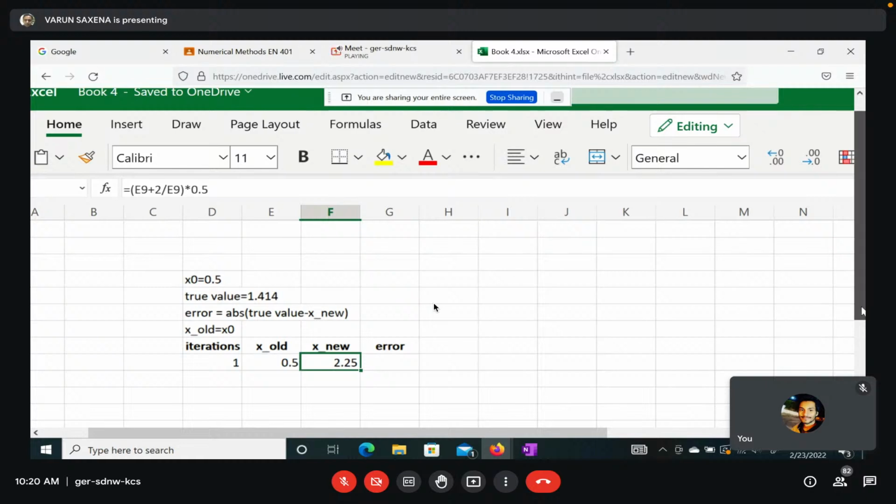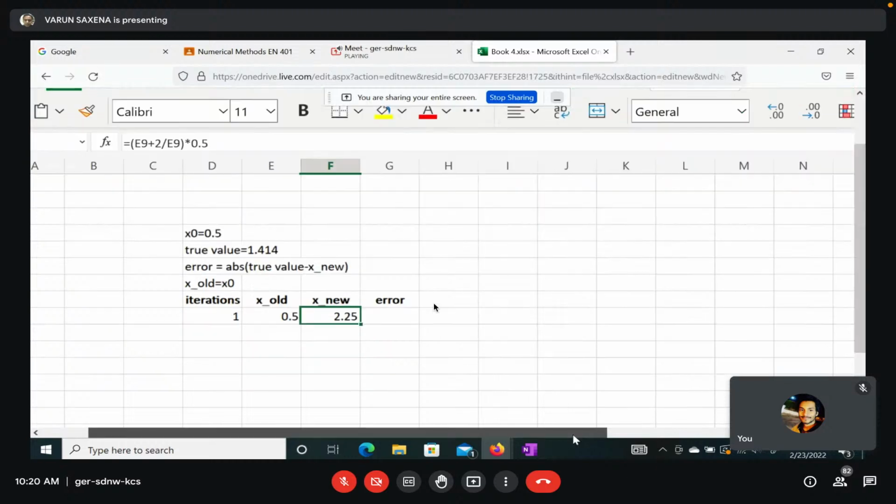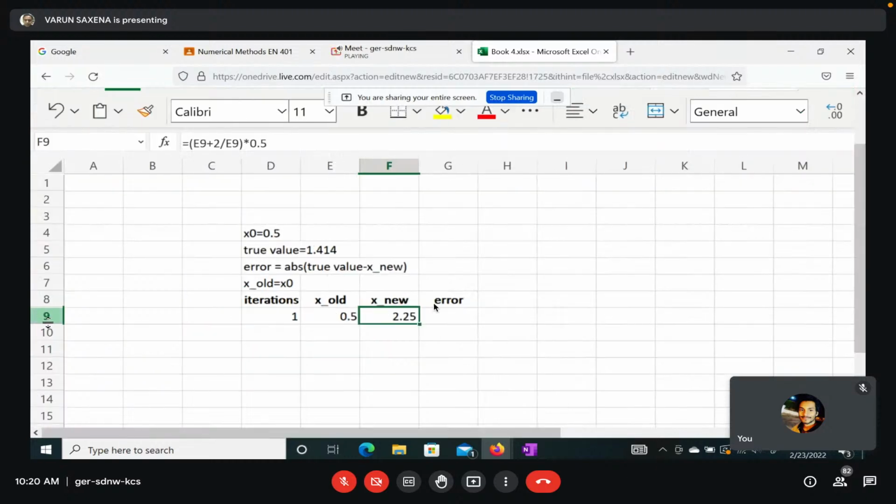This is column E, and you can count the cell number here, which is 9. So it is taking the value stored at E9 plus 2 multiplied by 1 over the E9 value, and the whole thing gets multiplied by half, which is the formula basically. So you get this value, right?